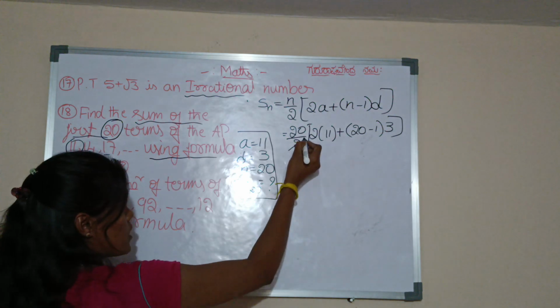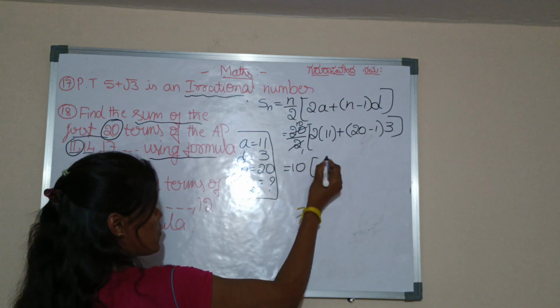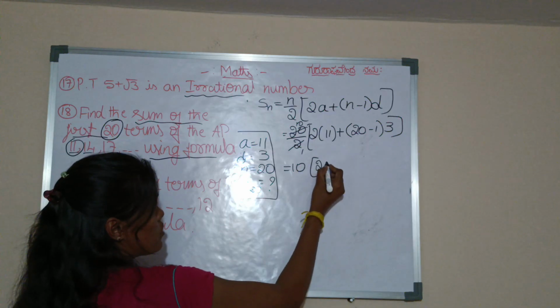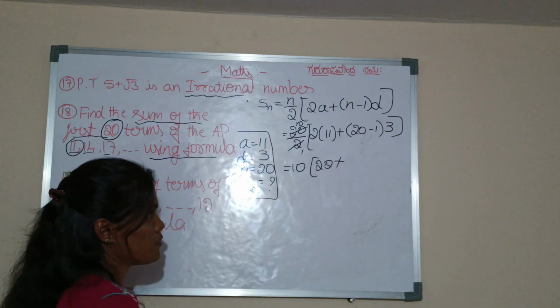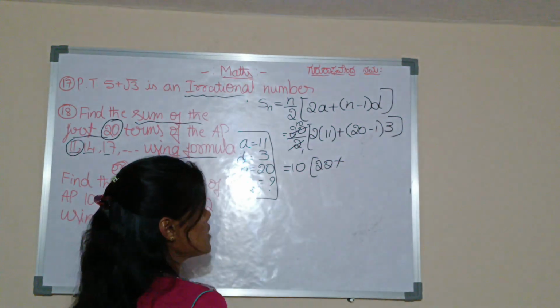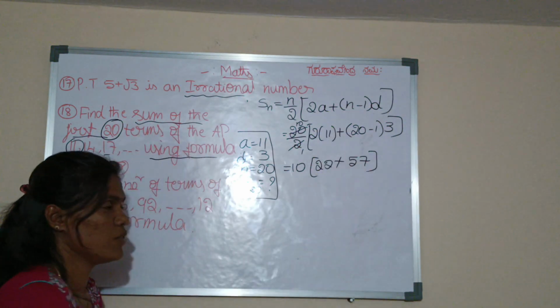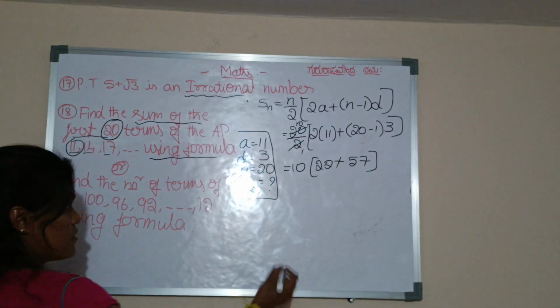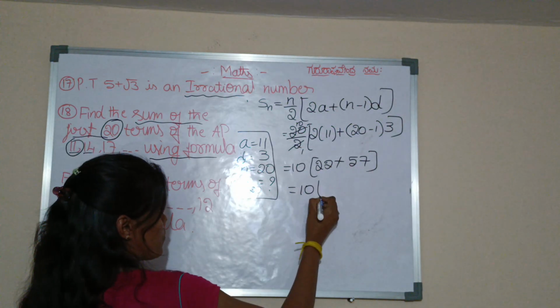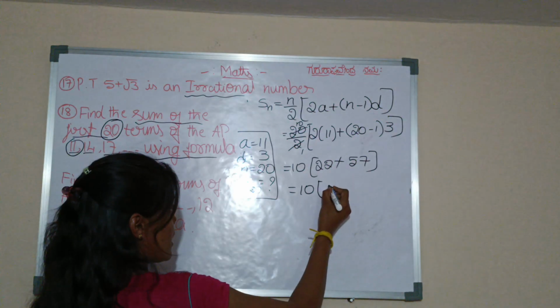You can cancel: 2 ones are 2, 10s are 10, by 11 twos are 22, plus 20 minus 1 is 19. 19 threes are how much? 57. Then 10 into 22 plus 57, that is 79.